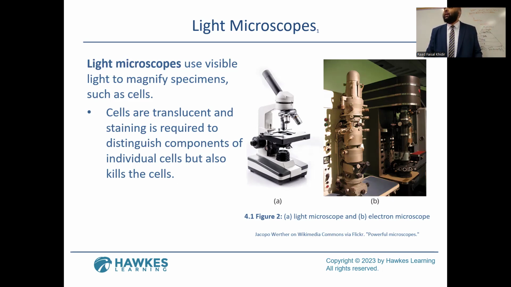But the problem is you have no proper histological dye, and you will never be able to see the slide, even though you had everything perfect. So don't forget that this histological dye is very important. But one of the negative things is, what does it do? It kills the cells.